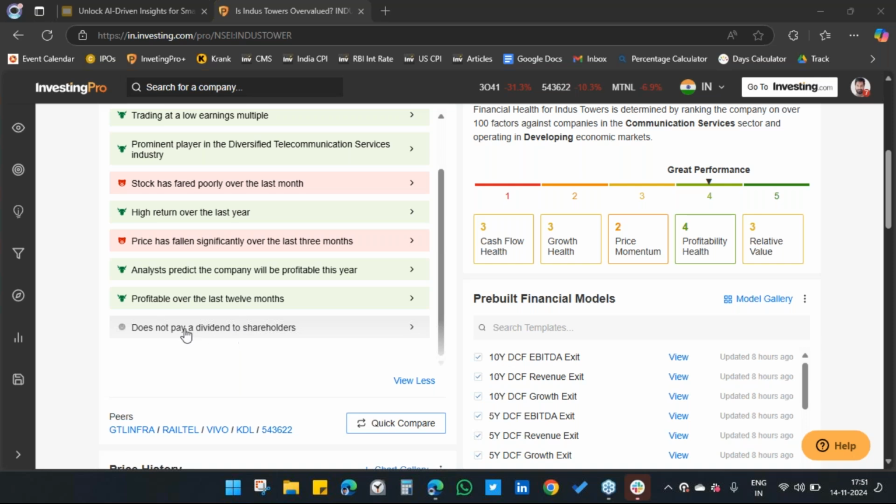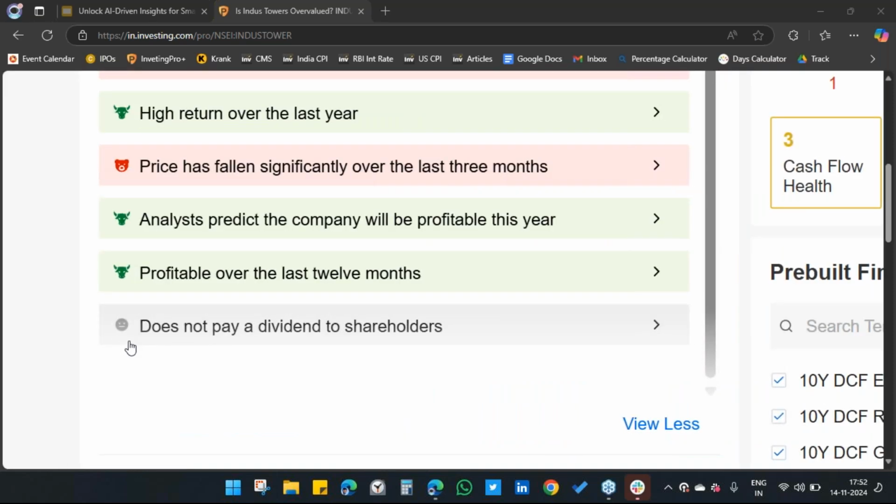shareholders. If you look at it closely, this information is highlighted in the gray box with a neutral faced emoji. Let me zoom in a bit. Now you can probably see a neutral faced emoji and this grayish box, because it's denoted as neutral information.